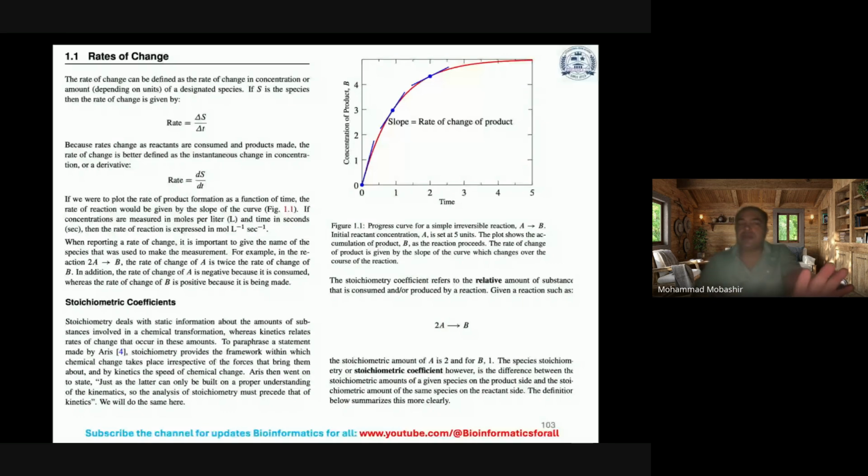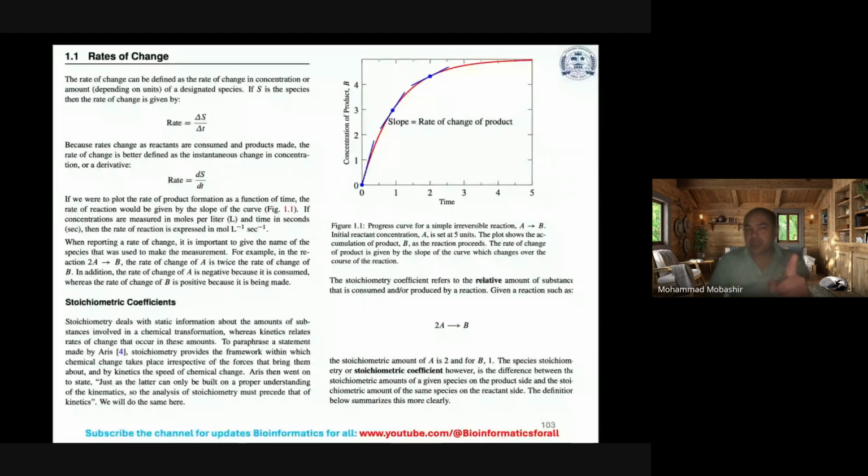It's very simple. You don't need to go for so many things, so many definitions. The simple equation you need to remember: rate equals delta S upon delta T, that means the rate of change in concentration or amount of a designated species could be represented as it is here.